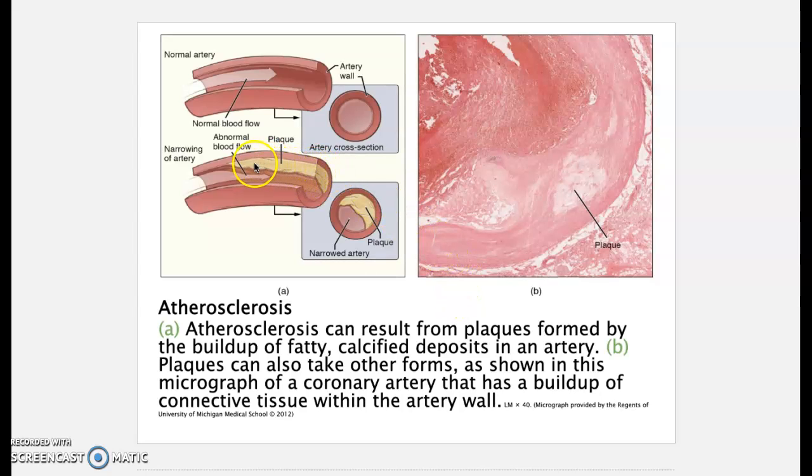Here is the foam or plaque that becomes built up in the artery and is being calcified. This blockage causes excess strain on blood vessels because as the plaque builds up, the artery becomes narrower and narrower, resulting in high blood pressure and inefficient blood flow. The more the plaque builds up, the less space the blood has to flow, and that puts strain on the walls of the blood vessels.